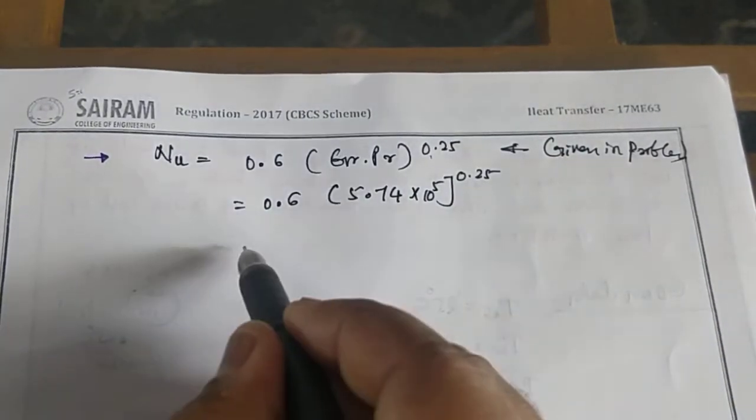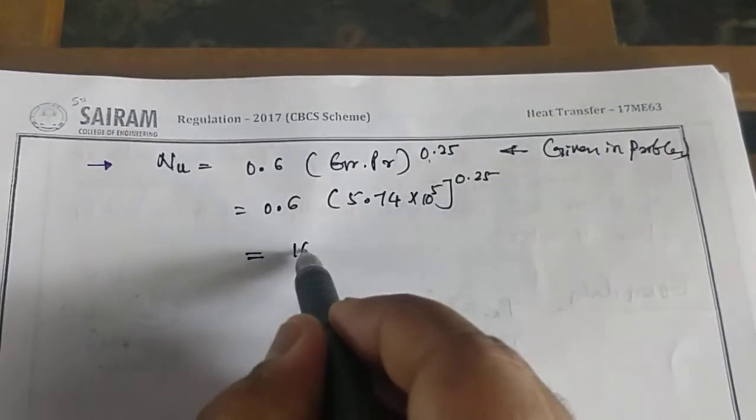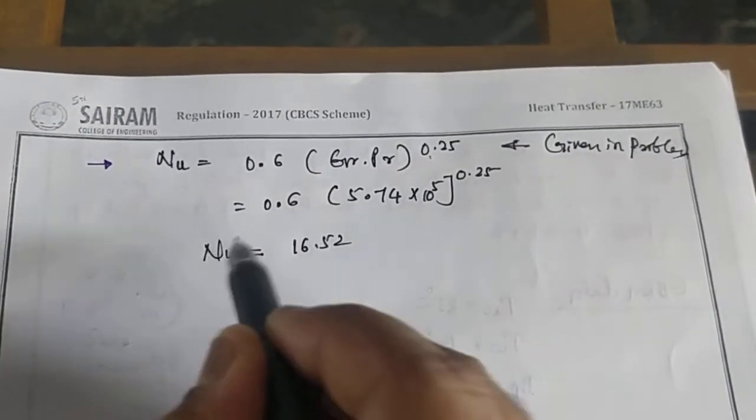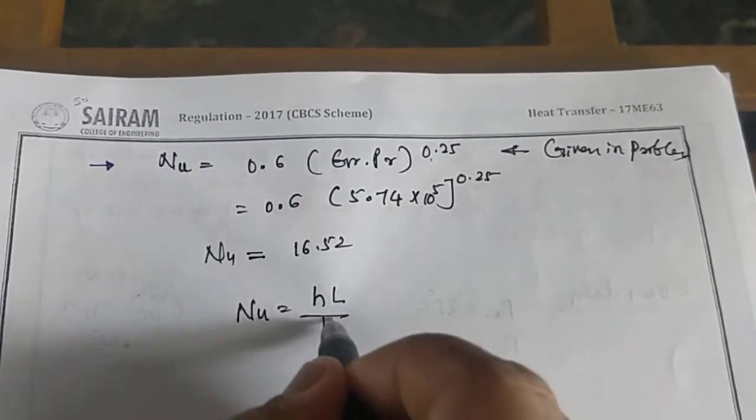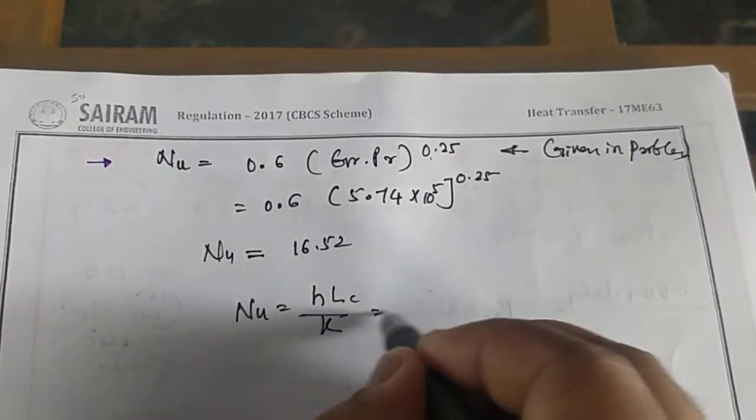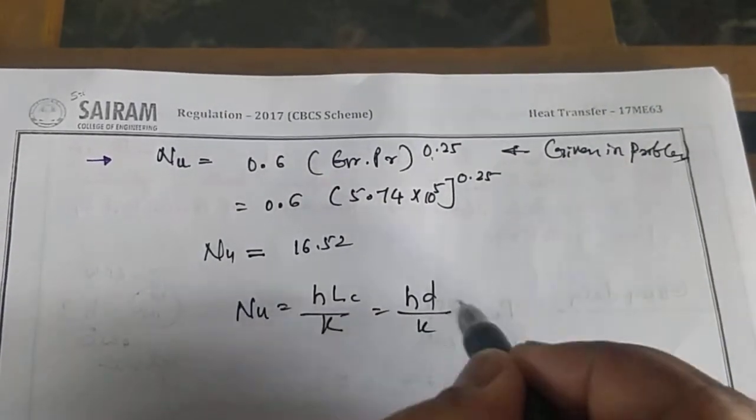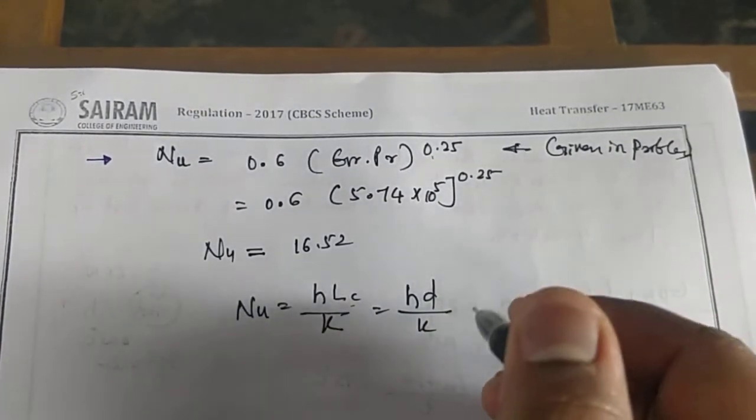This becomes 16.52, the Nusselt number. Now if you know the Nusselt number, hL by k, in this case hD by k, because L is equal to the diameter.